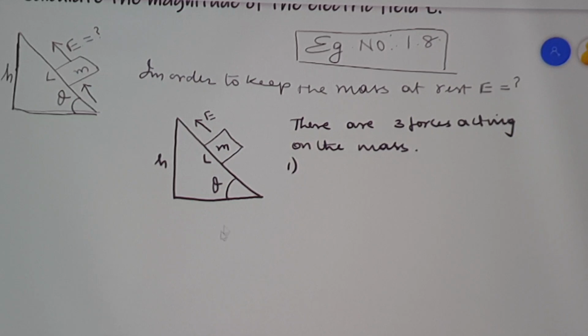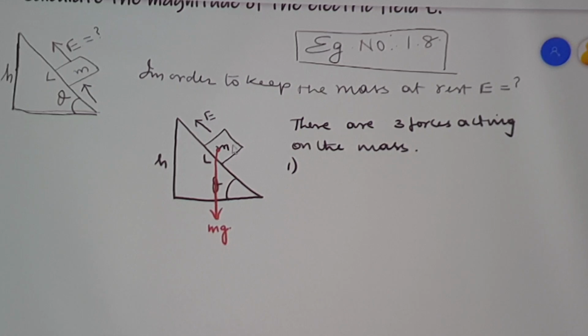Number one, see, when you are considering the mass to be placed here, the acceleration due to gravity is acting on that mass, which makes its force to act vertically downwards. So, the gravitational force mg is acting vertically downwards. This is one of the force.